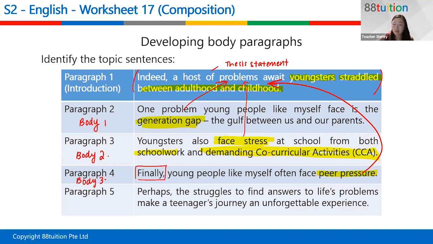It is like a reflection as well. So actually, this is not a body paragraph, but a conclusion. Any questions so far?